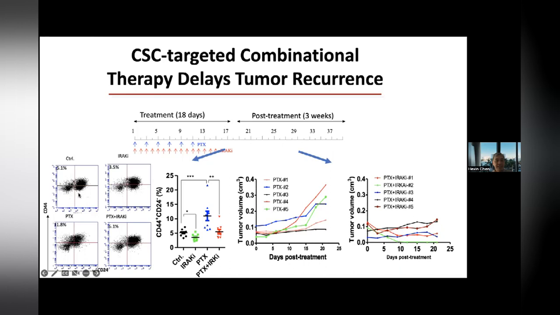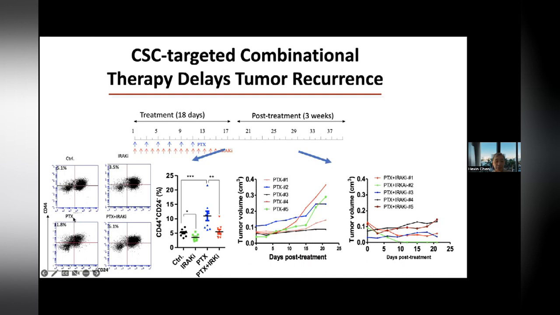At this stage, you can see the cancer stem cell population here. The control has about 5.1% cancer stem cells. The IL-1 inhibitor can reduce the cancer stem cell content a little bit, from 5.1% to 5%.